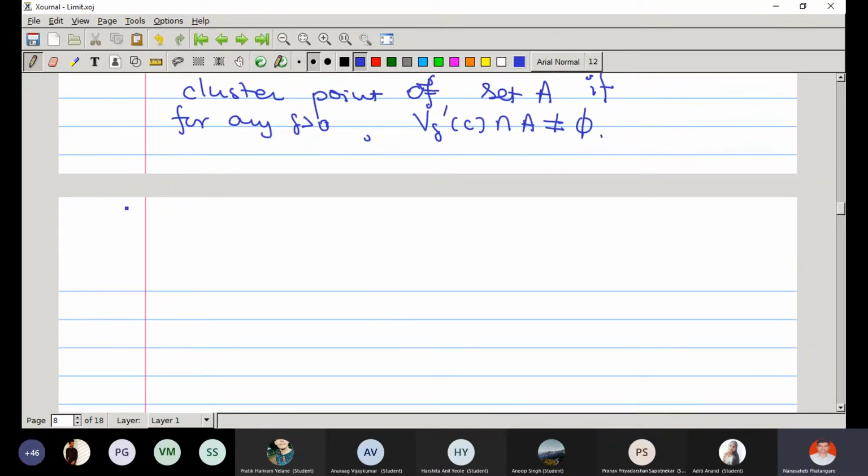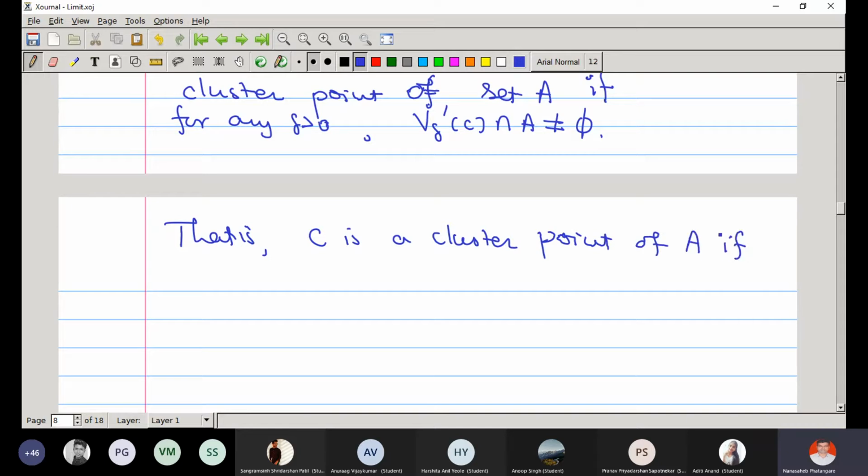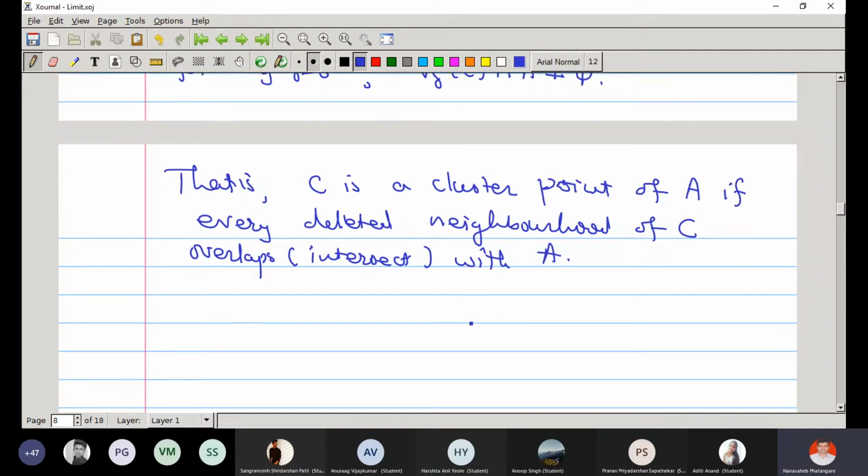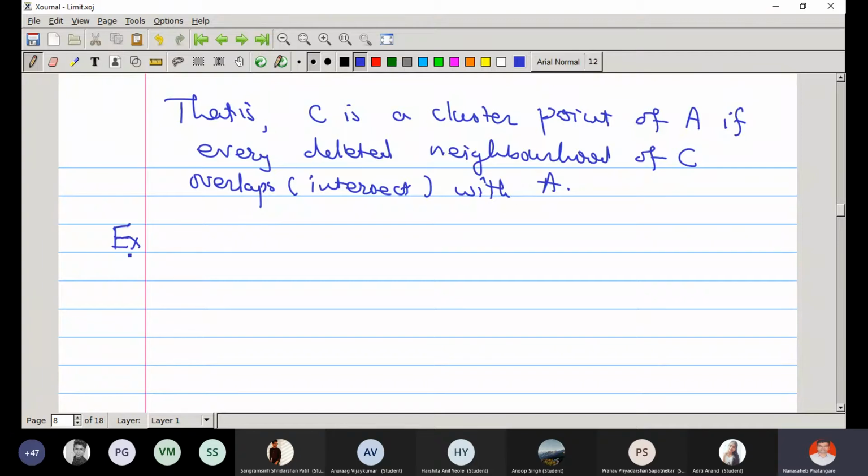So for example, C is a cluster point of set A if every deleted neighborhood of C overlaps or intersects with A.